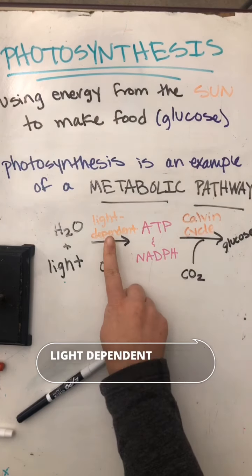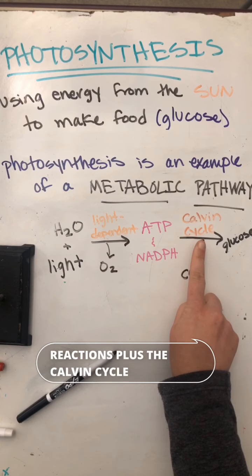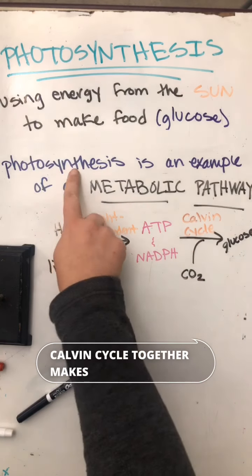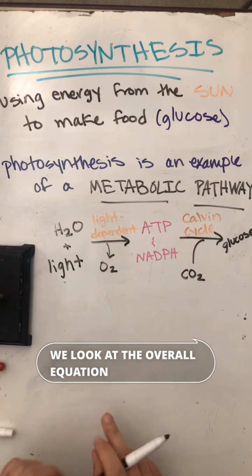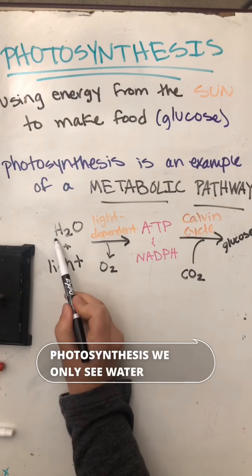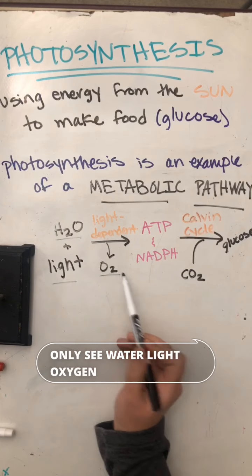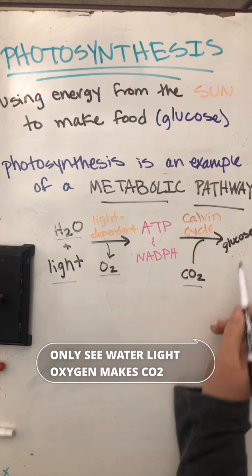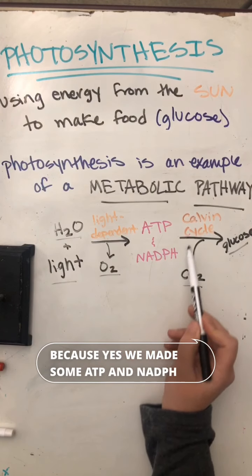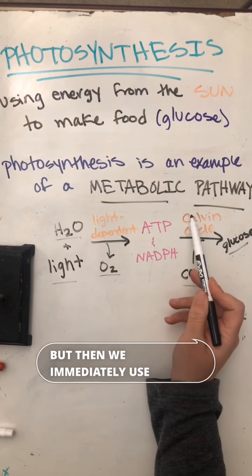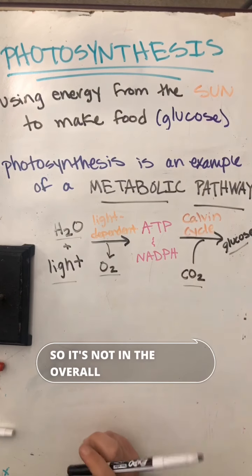So the light-dependent reactions plus the Calvin cycle together makes photosynthesis. And that's why when we look at the overall equation for photosynthesis, we only see water, light, and CO2 make oxygen and glucose. And that's because, yes, we made some ATP and NADPH, but then we immediately used it up. So it's not in the overall reaction.